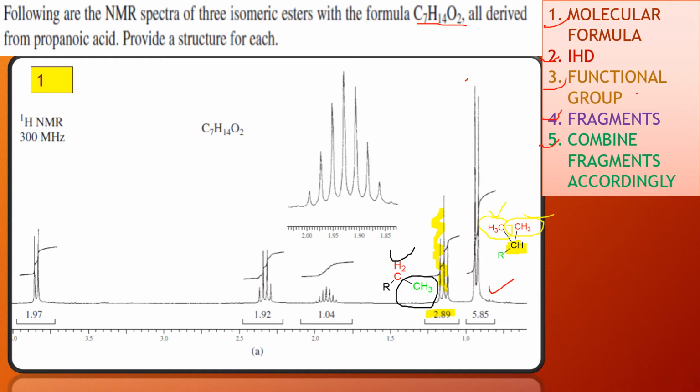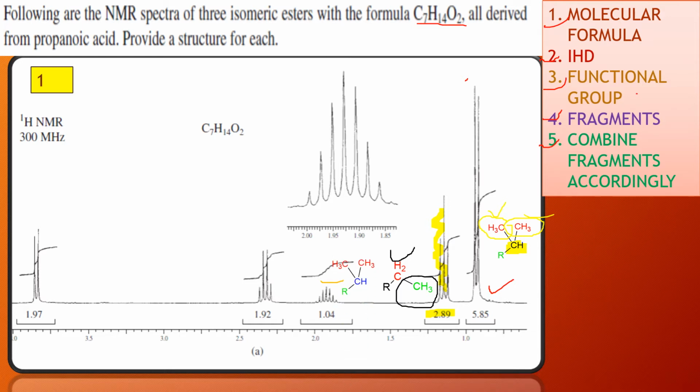Next, move on. So you can see here there are basically 1, 2, 3, 4, 5 and 6, 6 or 7 lines. We can say it is a multiplet. So how is it a multiplet?